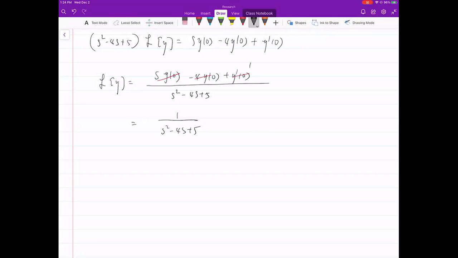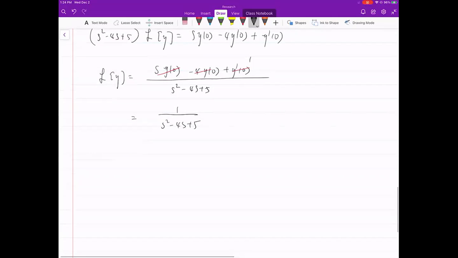All right. You know the answer is going to be sine and cosine related. That means this one somehow should be related to the Laplace transform we just computed.